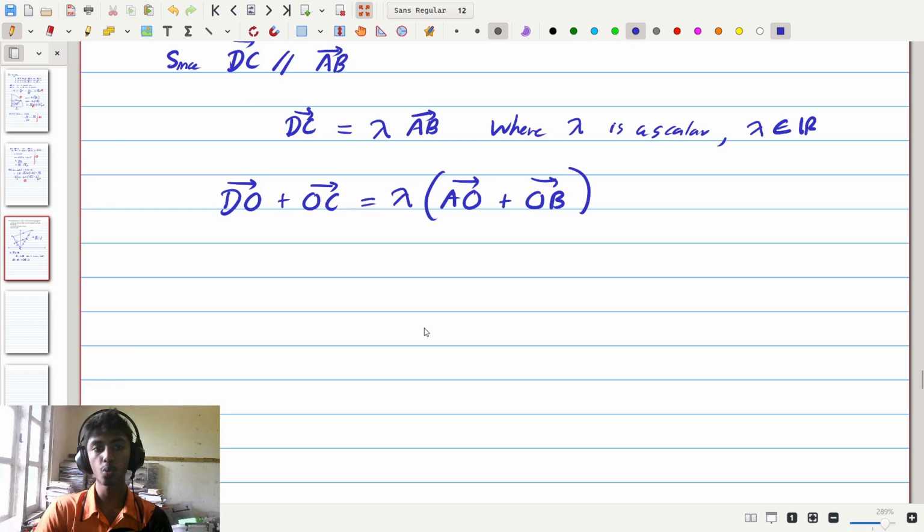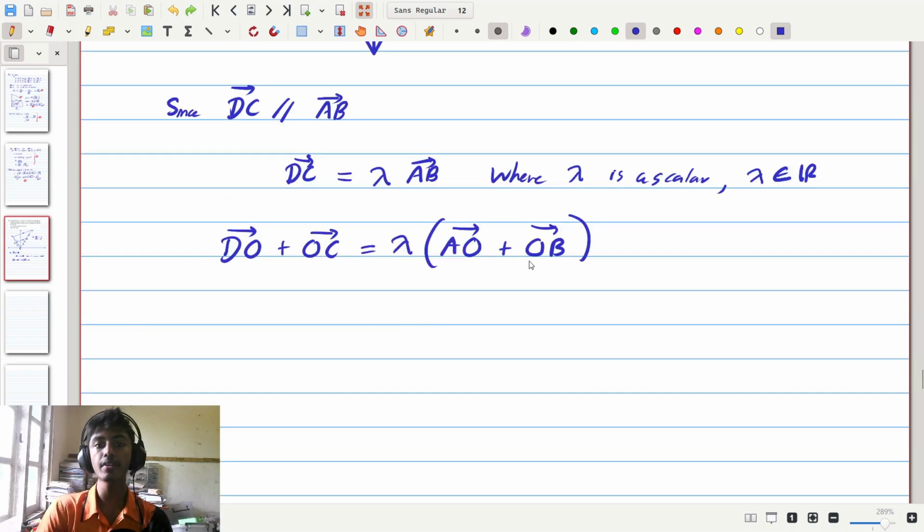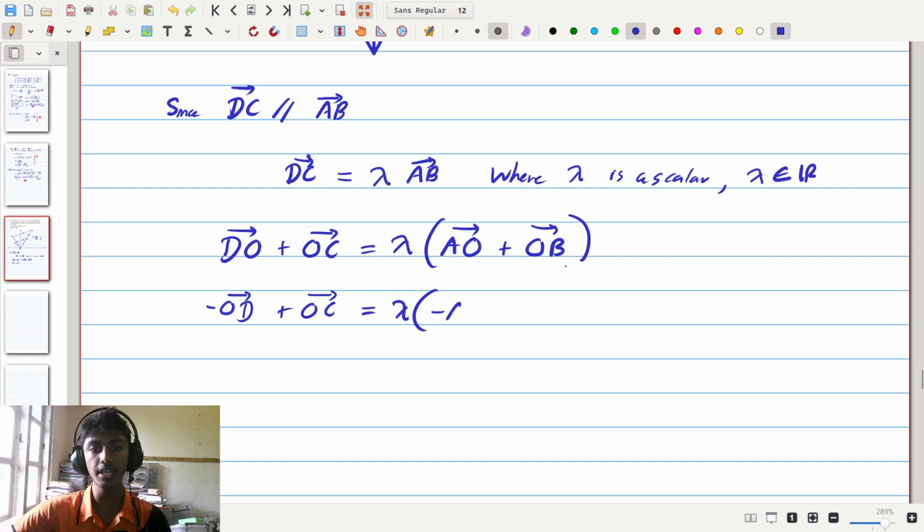Now with this, we know the OC vector and we know the OB vector, since those are just the position vectors of the C point and the B point. But the DO vector and AO vector we don't directly know, but we know that the DO vector is the negative OD vector, and then we have plus OC vector, and similarly on the other side we have lambda times, and we know that the AO vector is just negative OA vector plus OB vector.